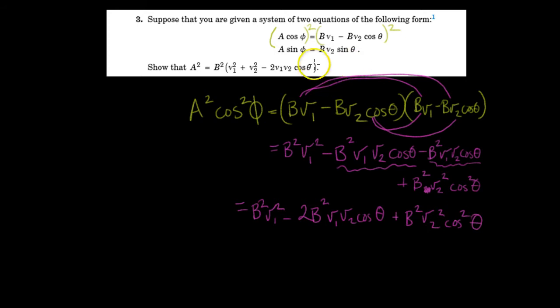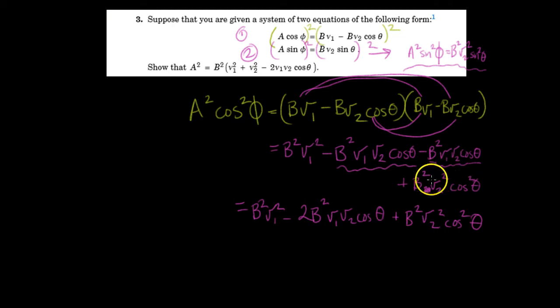Now look at equation 2. So here's equation 1 and look at equation 2. If I square both sides of equation 2, you have a squared sine squared phi equals b squared v2 squared sine squared phi. Are you guys confused yet? Sorry. Way to jump into it, right?